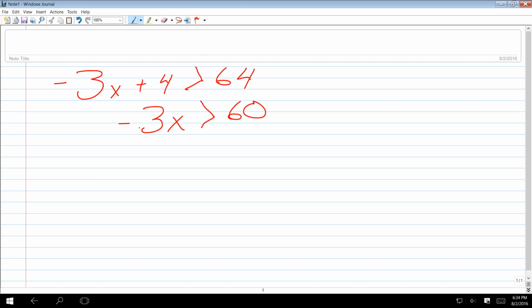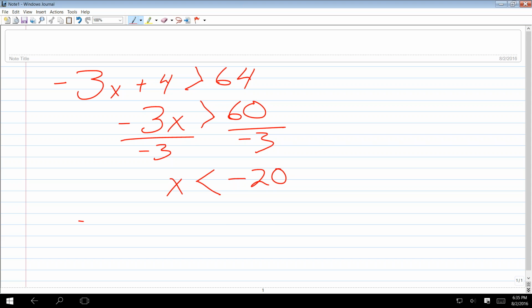And now I'm going to divide by negative 3 on both sides. Well, when you have an inequality and you divide or multiply by a negative number, you have to change the direction of the inequality. So this becomes x is less than minus 20.